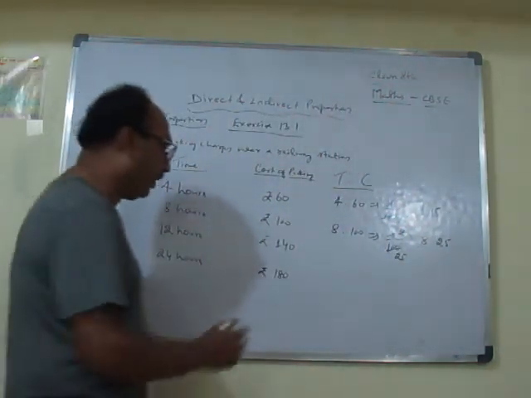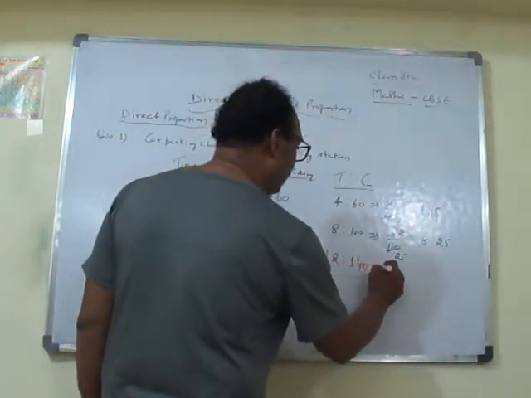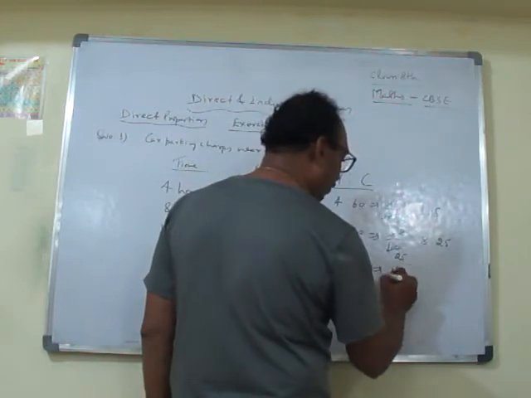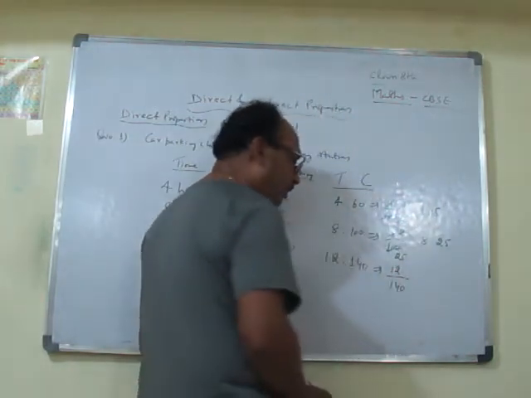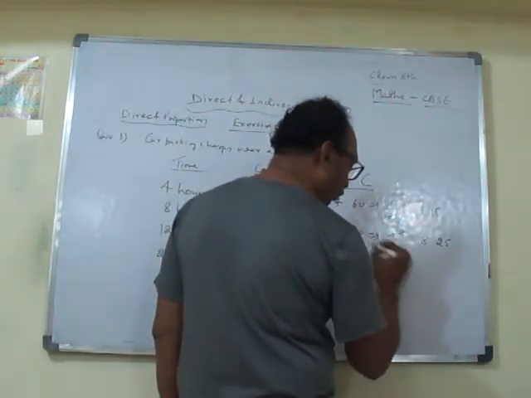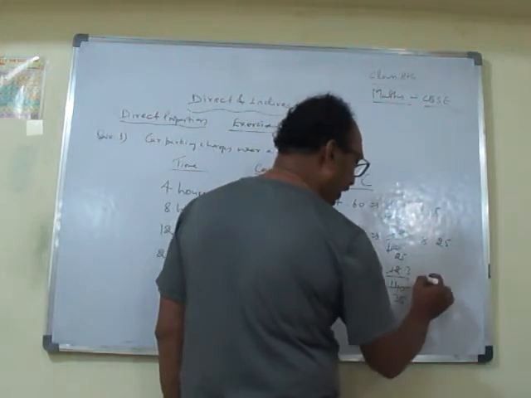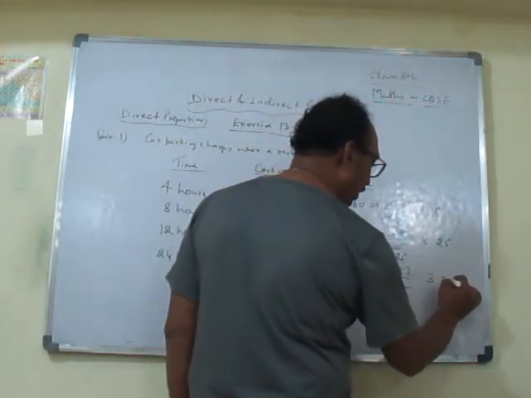Then the next one we will find. So it is 12 is to 140. Then further it is 12 by 140. If we divide it by 4, 4 threes are 12, and 4 thirty-fives are 140, so it is giving you 3 is to 35.